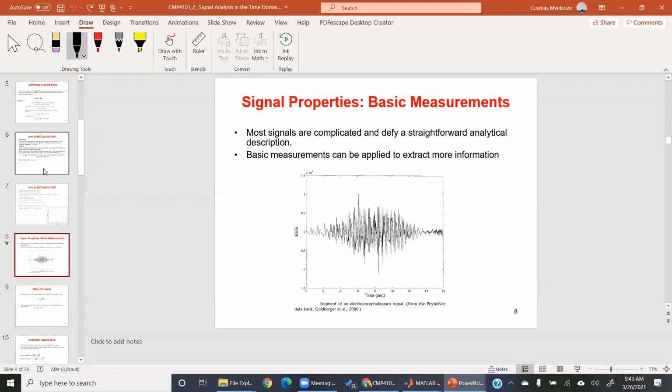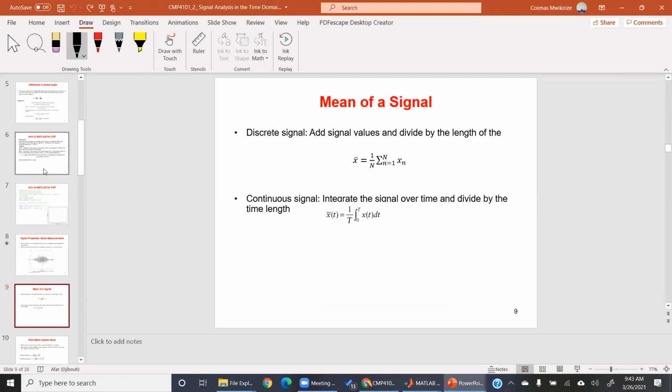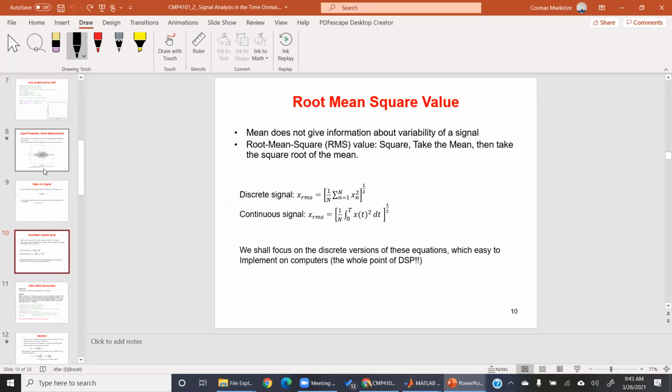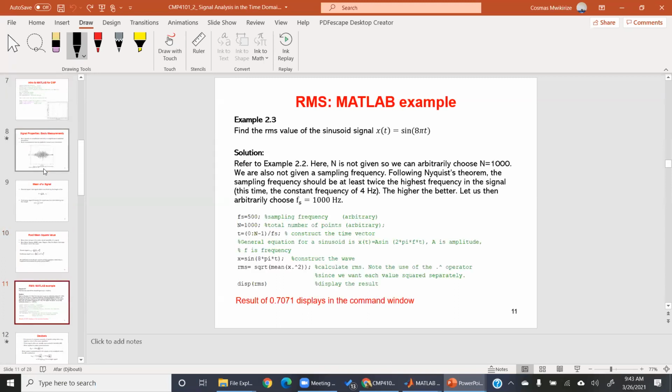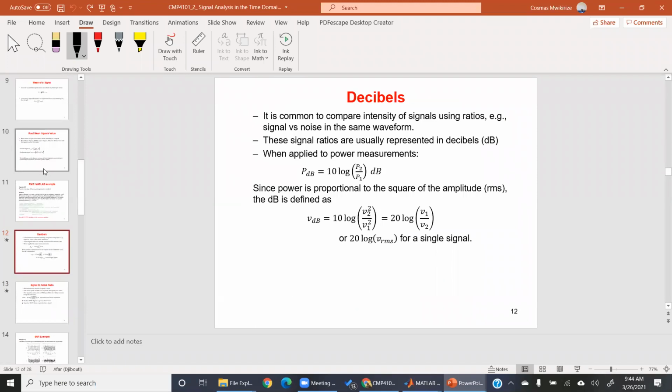So we start to introduce some other parameters that you can extract, including the mean of a signal: sum up all the values and divide by the number of elements in the signal, and the root mean square value, which is very easy to calculate given a signal. I give you an example there.